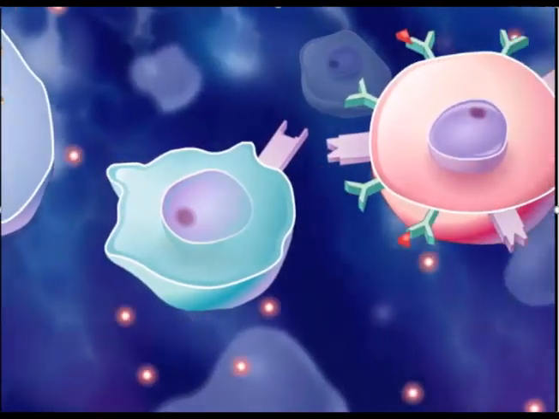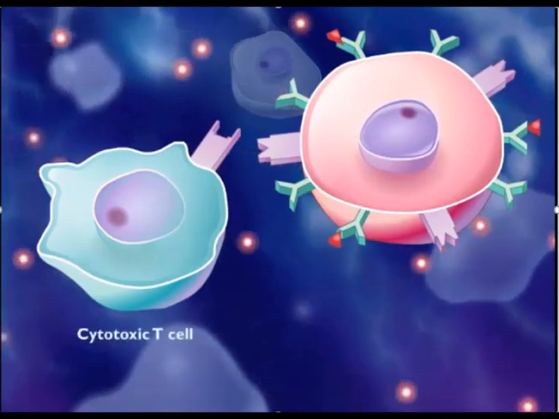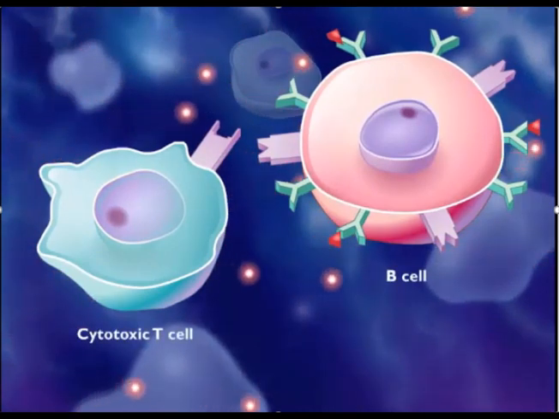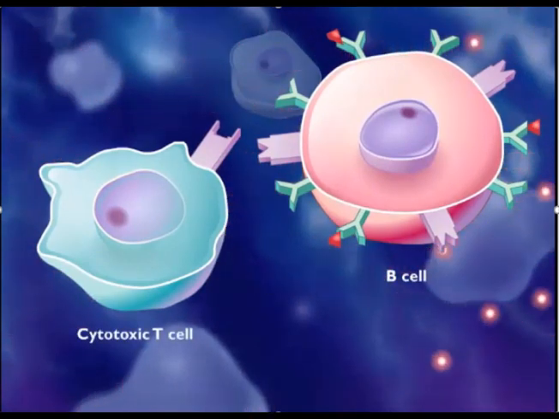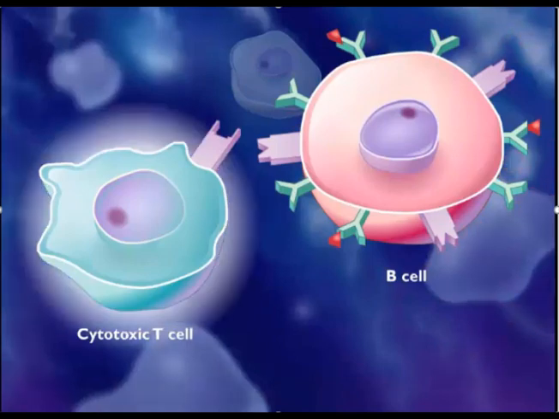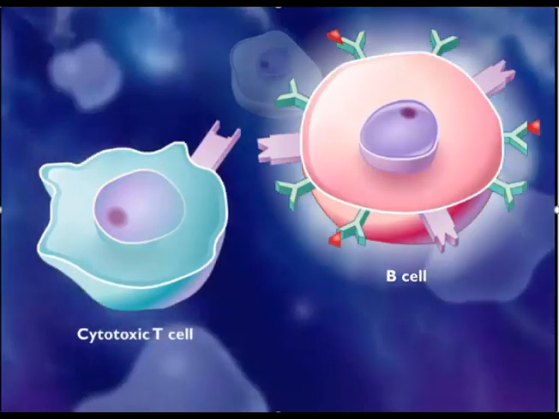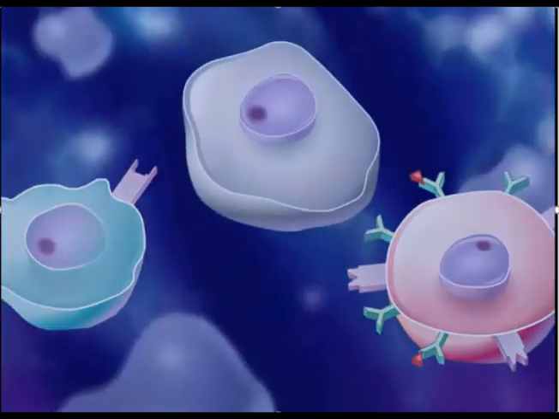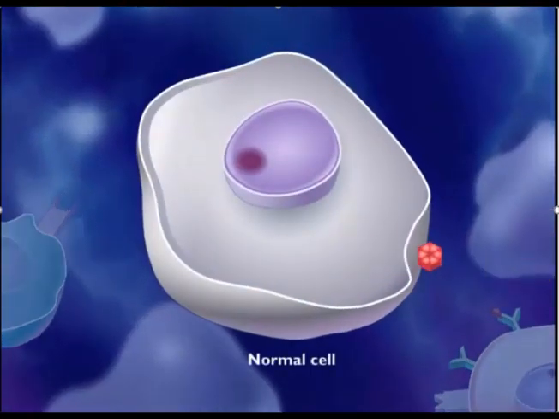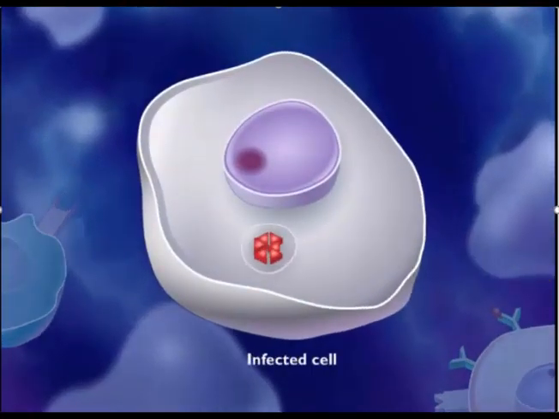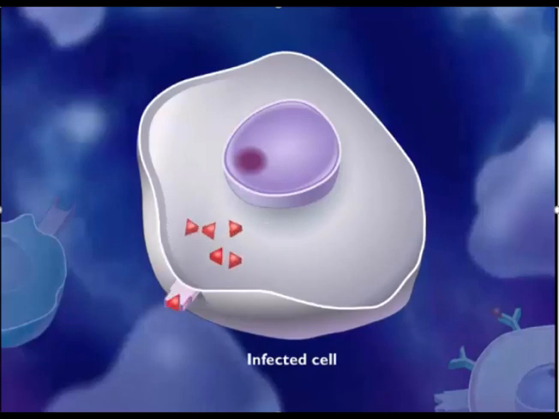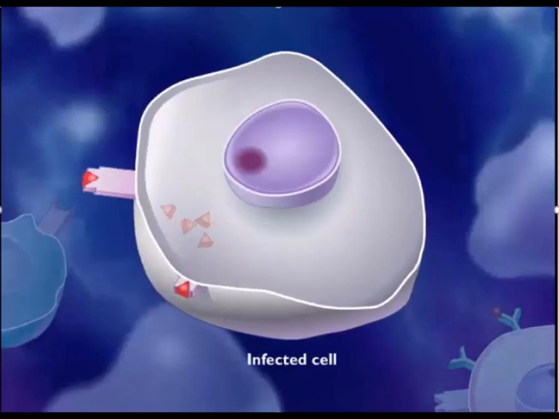Interleukin-2 causes the proliferation of certain cytotoxic T cells and B cells. The immune response from this point follows two paths, one using cytotoxic T cells and one using B cells. Normal cells of the body that become infected can also digest some of the pathogens and display antigen fragments on their cell surfaces.